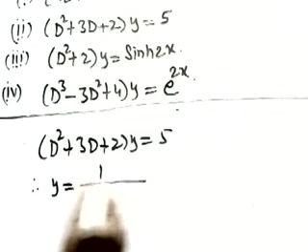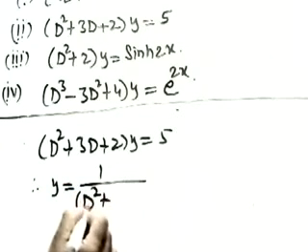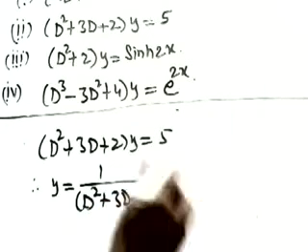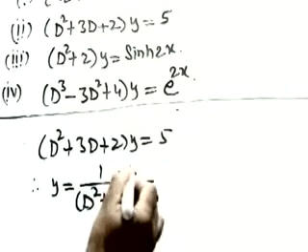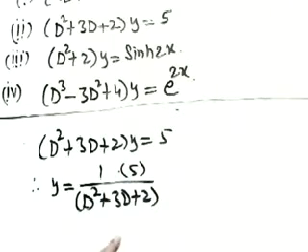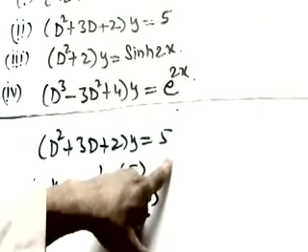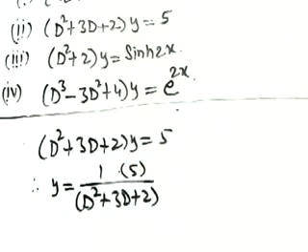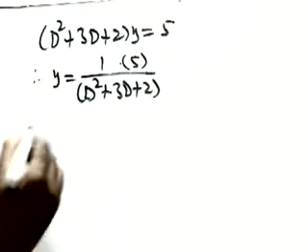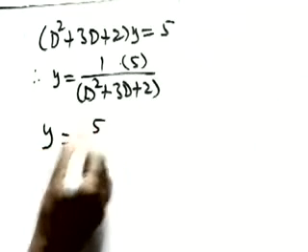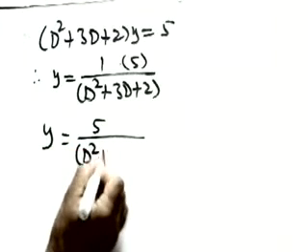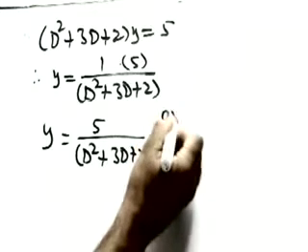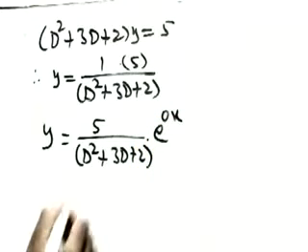Bring this D here, therefore y = 1/(D² + 3D + 2) into 5. I just explained, whenever we get a constant, we have to suppose it is multiplied by e^(0x). For constants also, use the same method as that of exponential. So let me write e^(0x). So y = 5/(D² + 3D + 2) e^(0x).